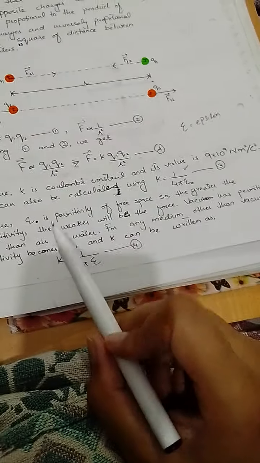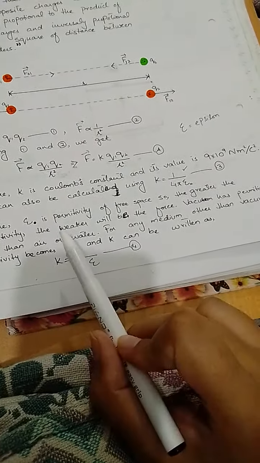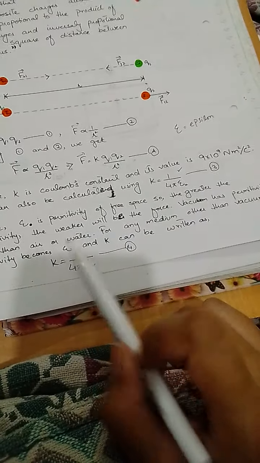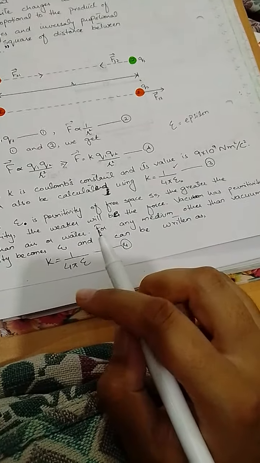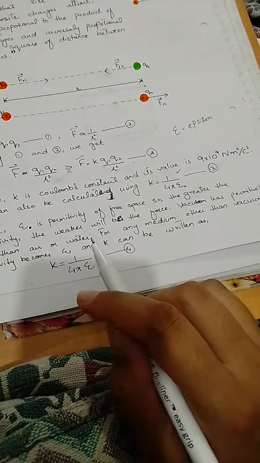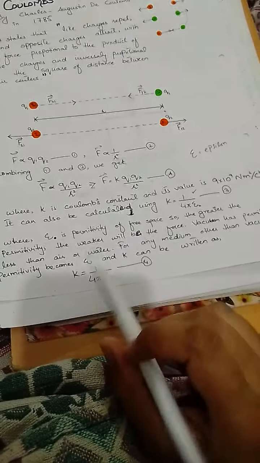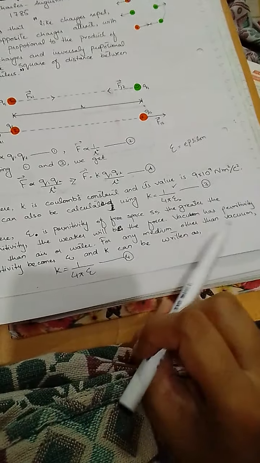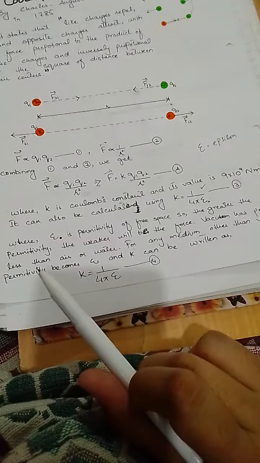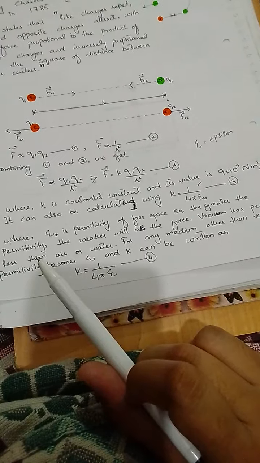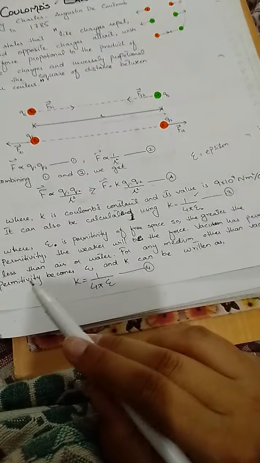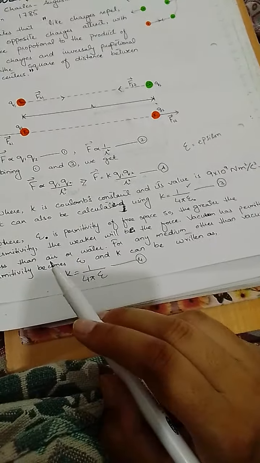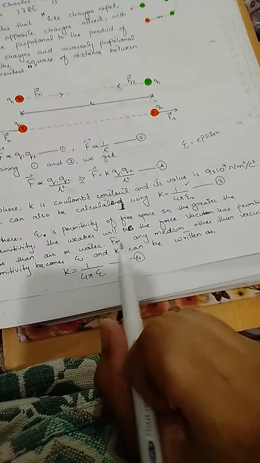But what happens if we don't have free space? We are using some other material medium like air or water or glass, or anything else. So what happens if you use a permittivity other than that of free space? The permittivity of air is more than that of free space, right?